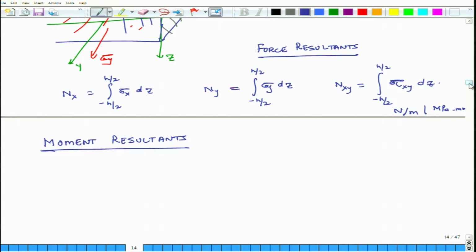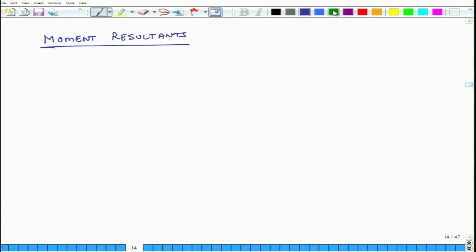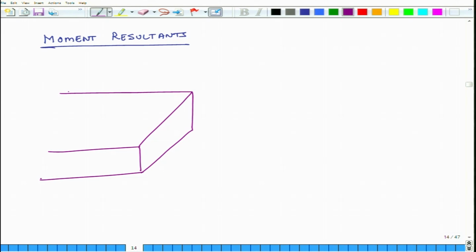Okay. So, we will again draw pictures to make things clearer. Suppose I have a composite plate. This is my mid plane.